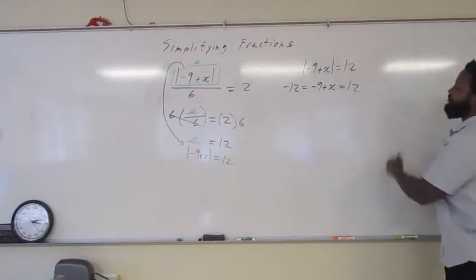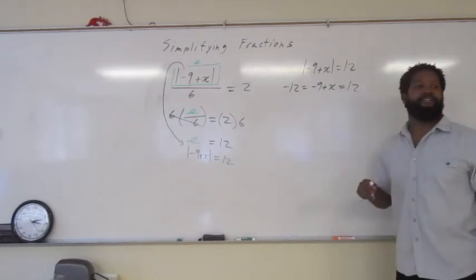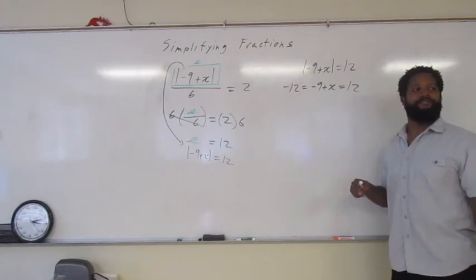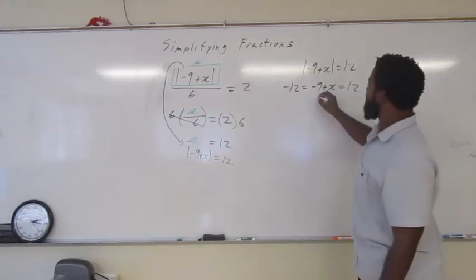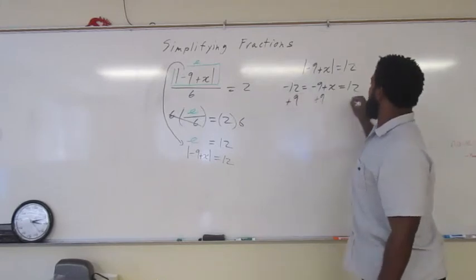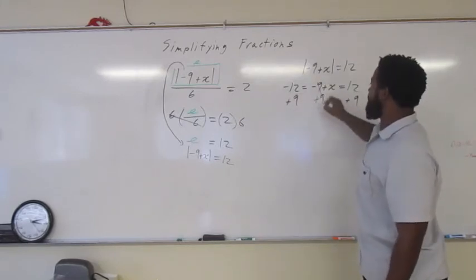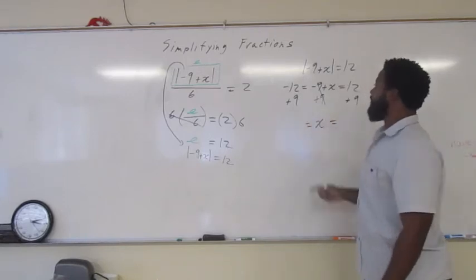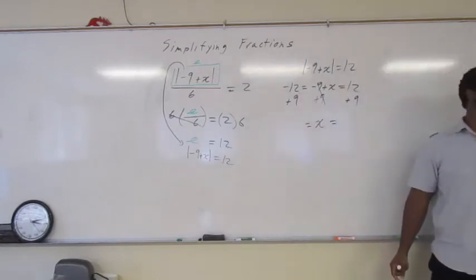So, how are we going to get the x by itself? You're going to add 9 to -12 and 12. Add it on both sides, right? So therefore, x. What's -12 plus 9? -3.